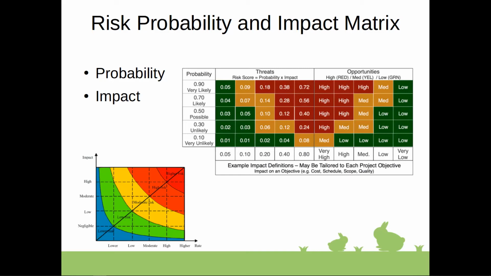Probability of risk can range between 0 and 100%, with 0% meaning it will never occur, and 100% for the probability of event occurrence. And impact, basically you put an impact level of the threat as negative and opportunity as positive.